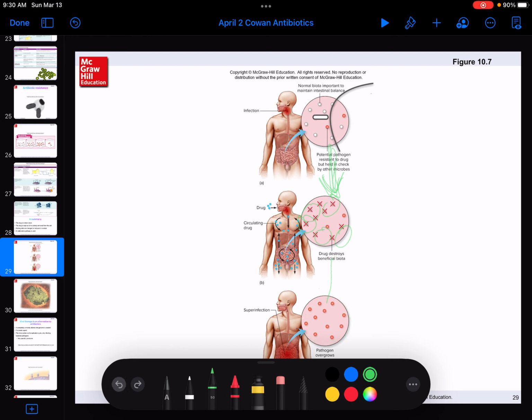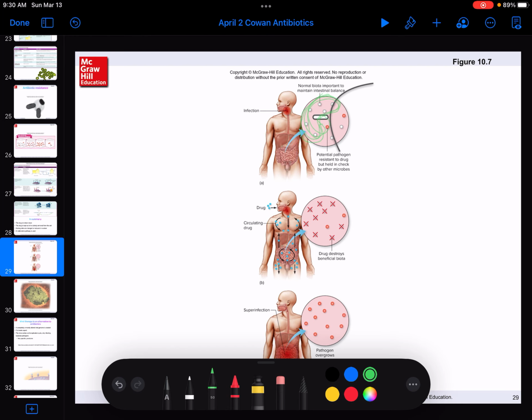If, as we talked about previously, the person is not taking antibiotics, maybe they have a very mild infection and they say, well, I'm going to see if I can just get over this, then these cells that don't have antibiotic resistance are going to take up all of the resources, potentially.